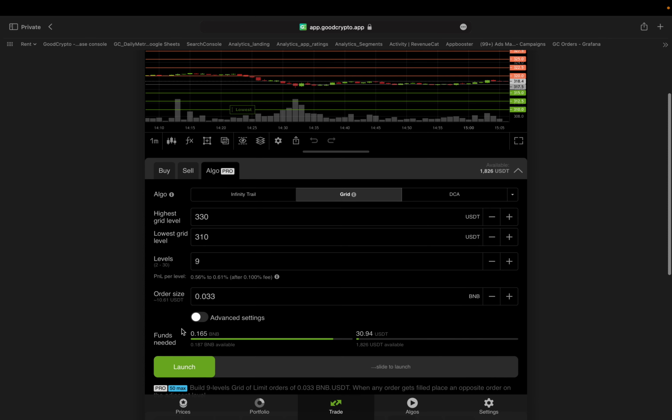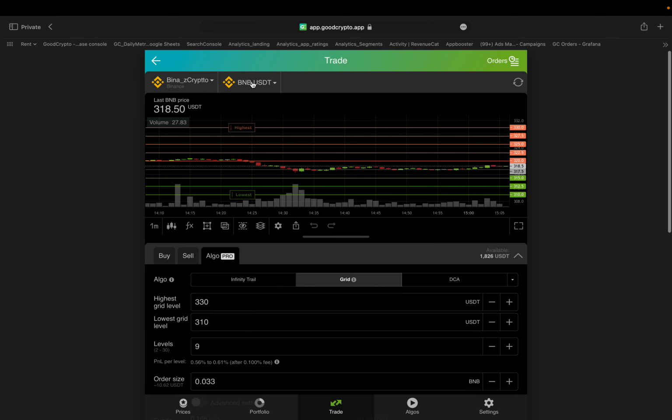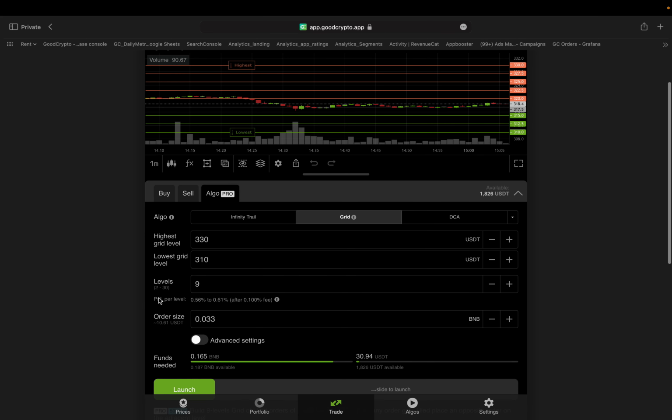If you trade BNB USDT, you have to have some BNB in your account to have something to sell, because those orders are sell orders. So if the price after the grid is launched goes up, you have to sell the BNB, and to sell the BNB, you have to own them beforehand.